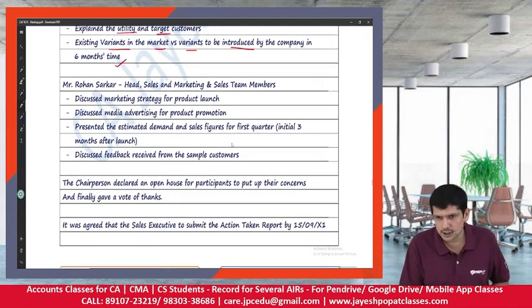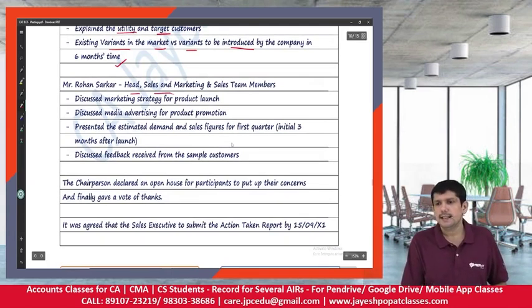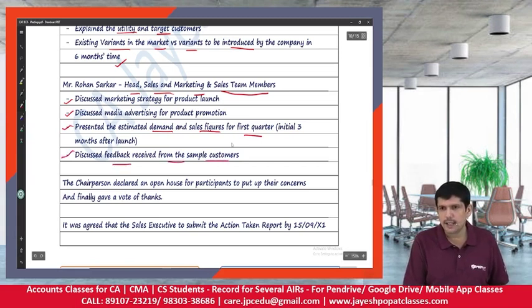Then Rohan Sarkar, who is the head of sales and marketing, and other sales team members also contributed. They discussed the marketing strategy for the product launch, discussed media advertising for product promotion, presented the estimated demand and sales figures for the first quarter, the initial 3 months after the launch, and discussed the feedback received from the sample customers.